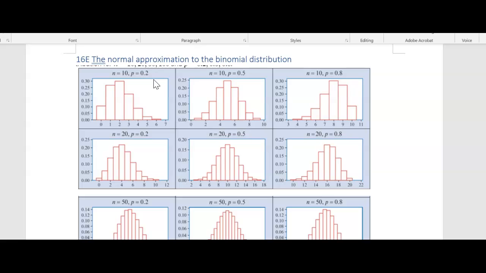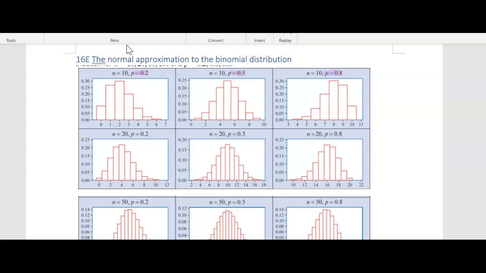So let me just show you. You can see for the first row, the number of trials is 10 and the probability of success changes as we go from left to right. So for the first one, we've got a probability of success of 0.2, then 0.5, and then 0.8.